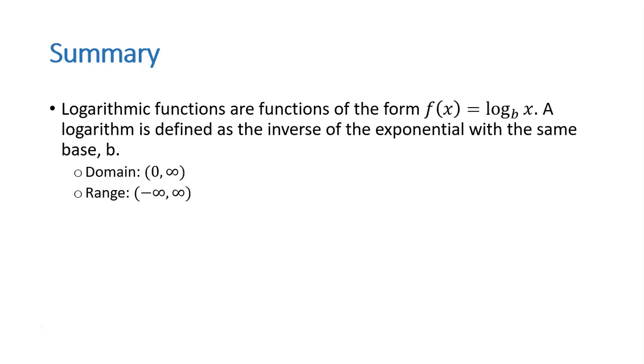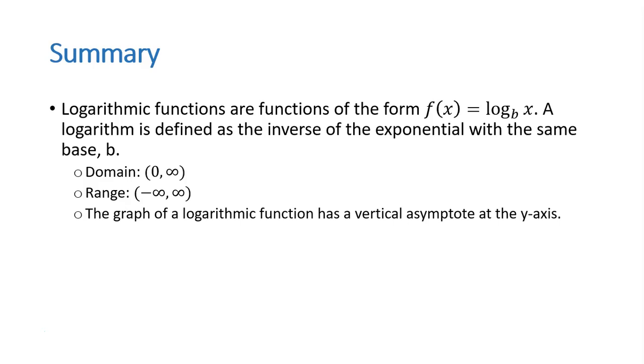So although we can only plug in positive numbers, we can get any output from negative infinity to infinity. And then because we have that break at 0, that corresponds to a vertical asymptote on the y-axis. So any logarithm, unless there's some type of transformation involved, is going to be constricted to the right of the y-axis. We're only going to graph to that side. We're never going to touch or cross the y-axis.